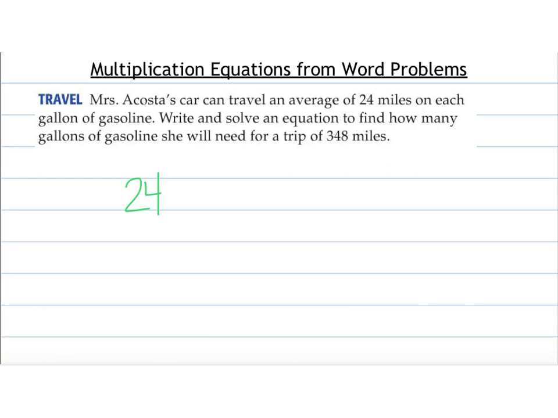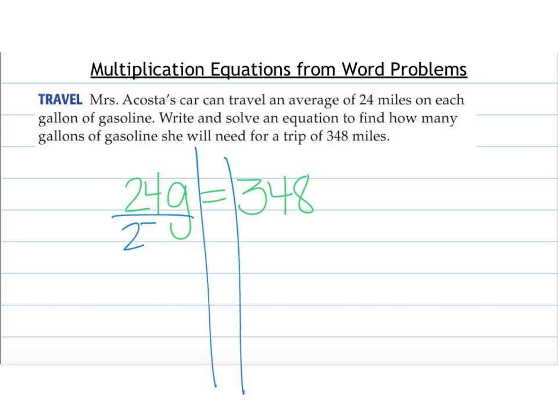So 24 miles per gallon, we want to know how many gallons is going to get us there for our 348 miles. Because we know that every gallon we go, we need to multiply it by 24 miles. And if we have 348 miles, that's a lot for us to figure out how many gallons of gas we are going to need.